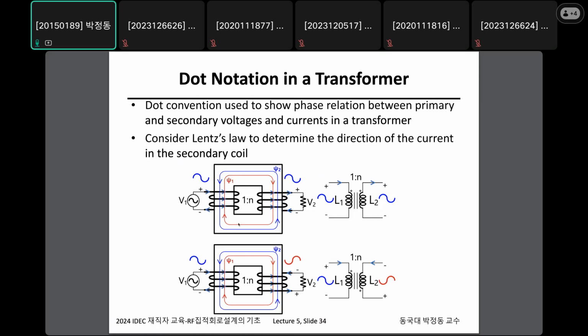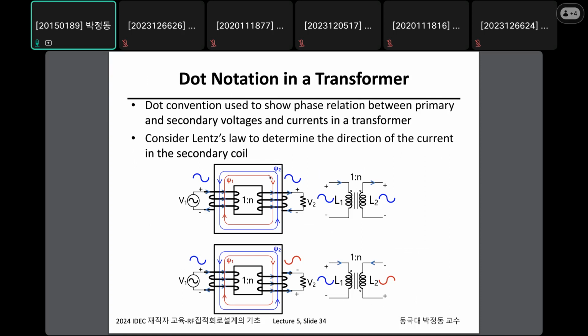Since this is changing with time, it will induce a voltage, which is from Lenz's and Faraday's law.